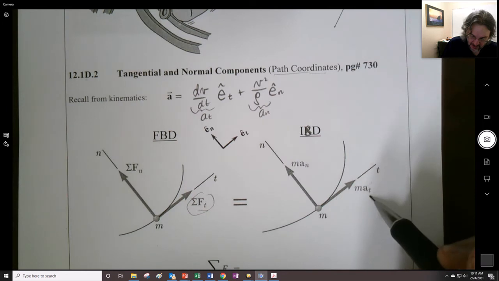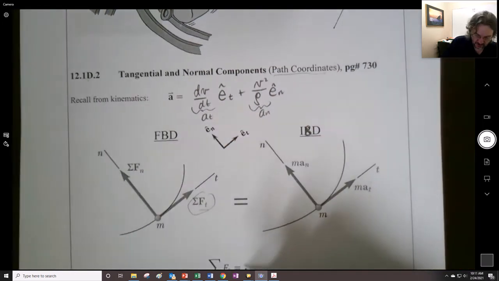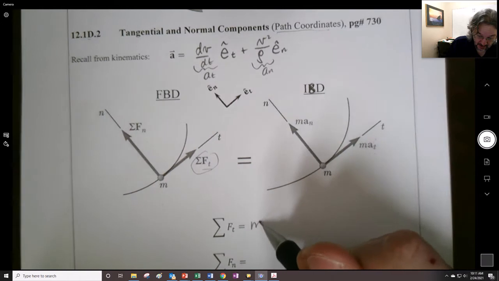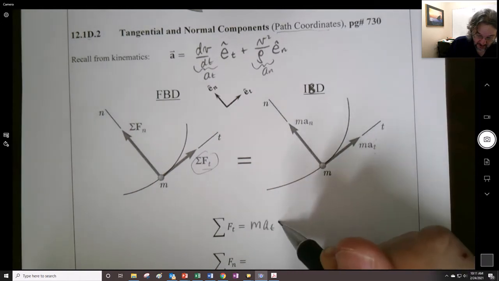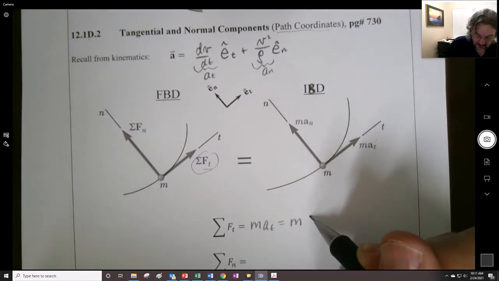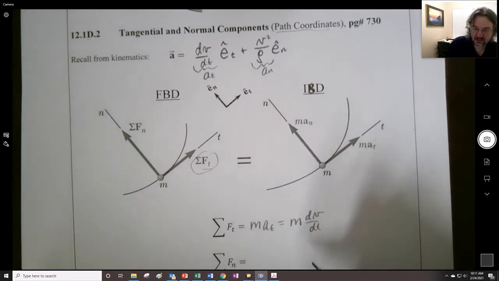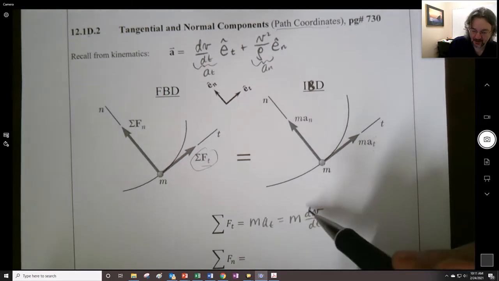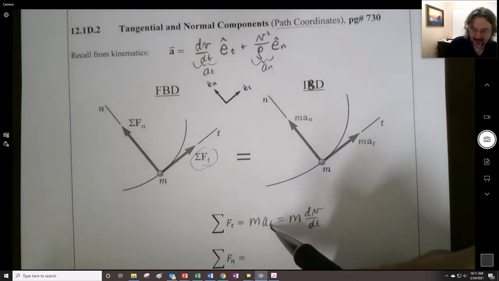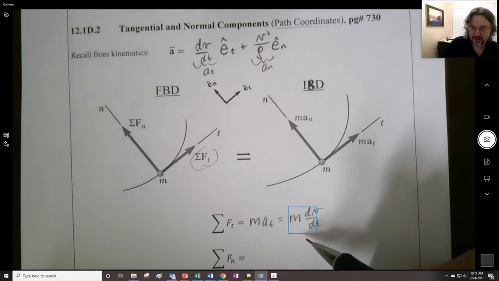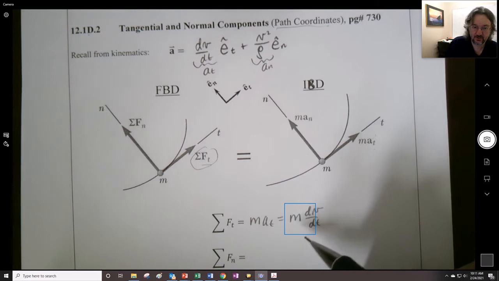The mass times acceleration in the tangential direction, or mass times dv dt. Remember, that's the change in speed, right? That's the idea here, is that tangential acceleration is only about the speed changing, the magnitude of the speed.